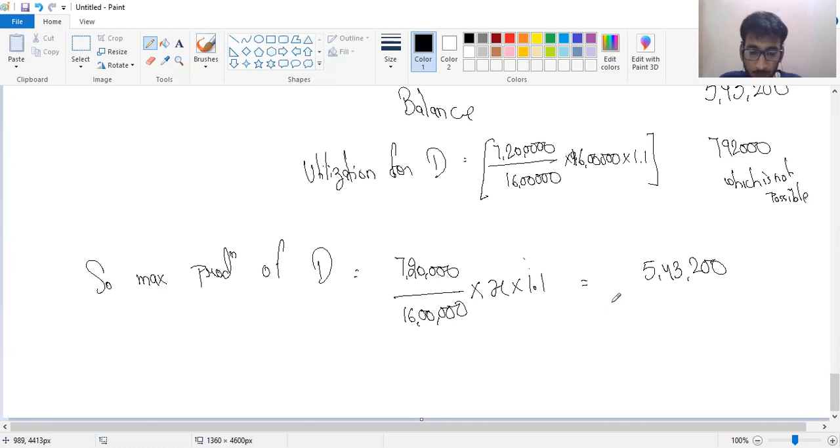So it would be 543,200 multiplied by 16 lakh divided by 1.1 divided by 720. So it is 1097,373. So x is 1097,373. Okay. So maximum production of D can be 1097,373. So sale potential of D can be maximum 1097,373.